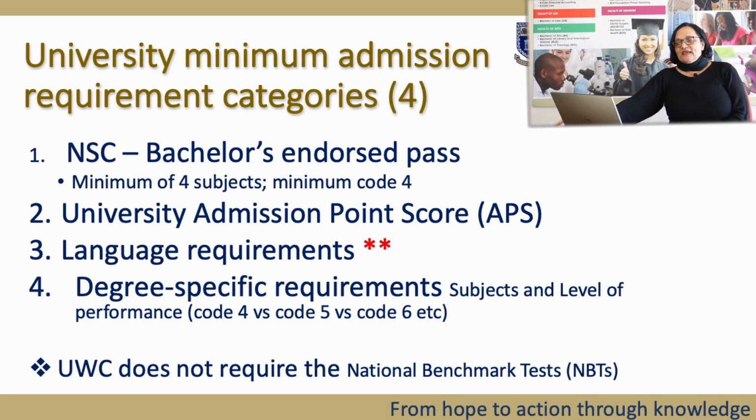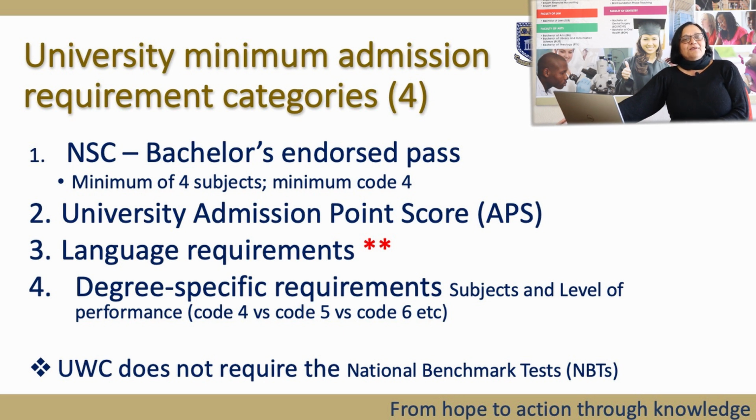The second requirement is the APS, or the university's academic point score. Now, each university has their own point score system, and UWC has a very simple system, and I will share that with you. The third requirement is what we call the language requirements for each degree.